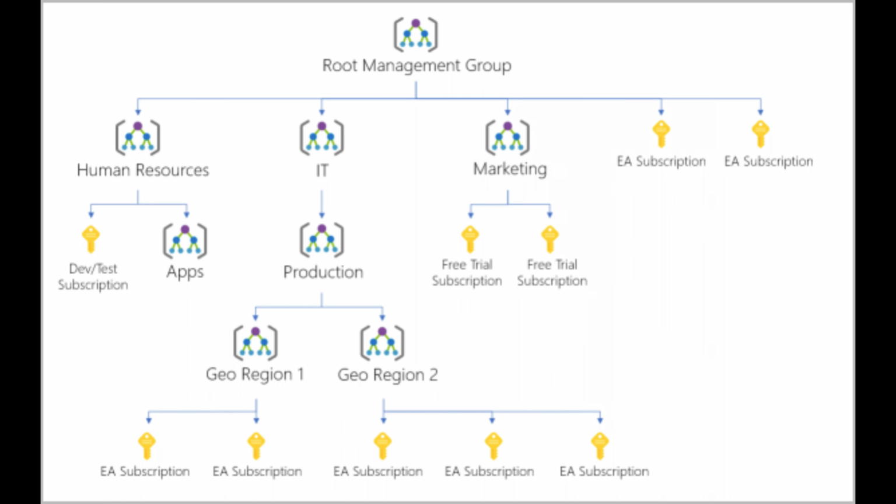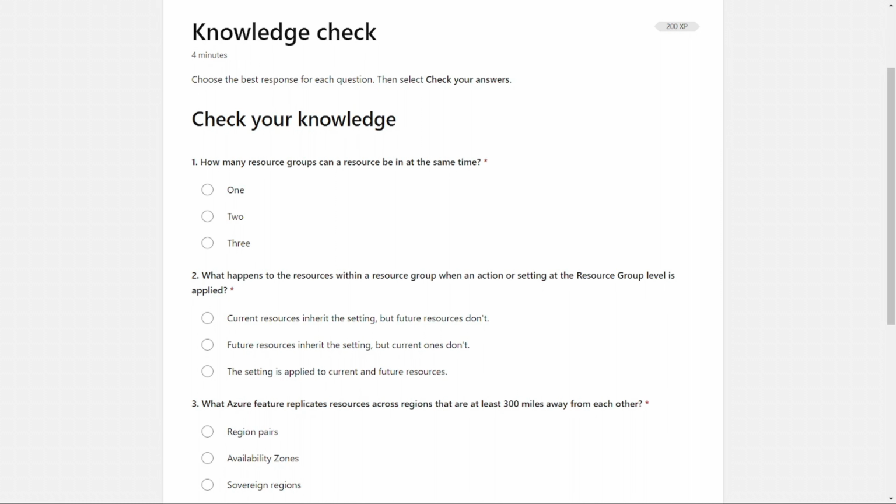But imagine if you are dealing with multiple applications, multiple development teams in multiple geographies. So for that reason, you have management group, subscription, and resource group. In this example, you have seen all this hierarchy. So let's move to the exercise and earn some more points.